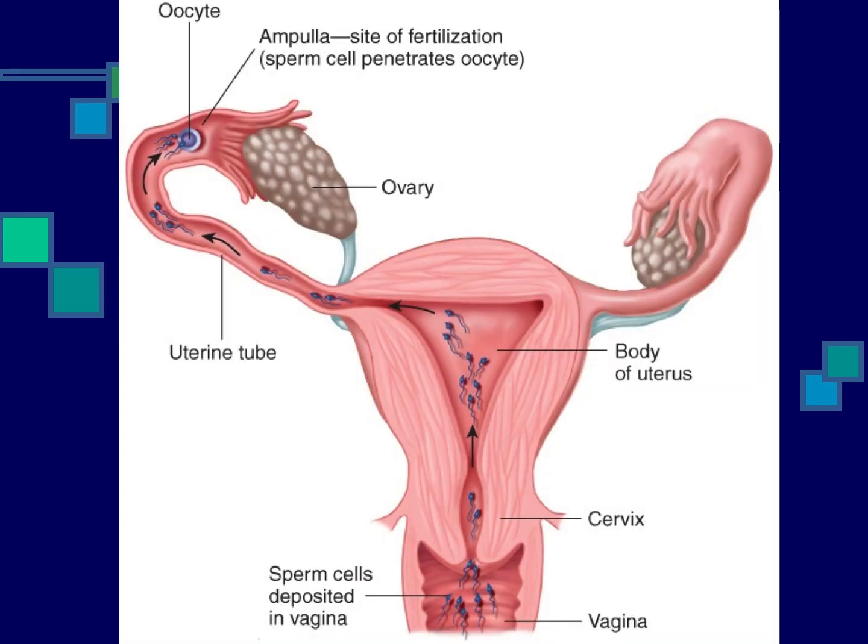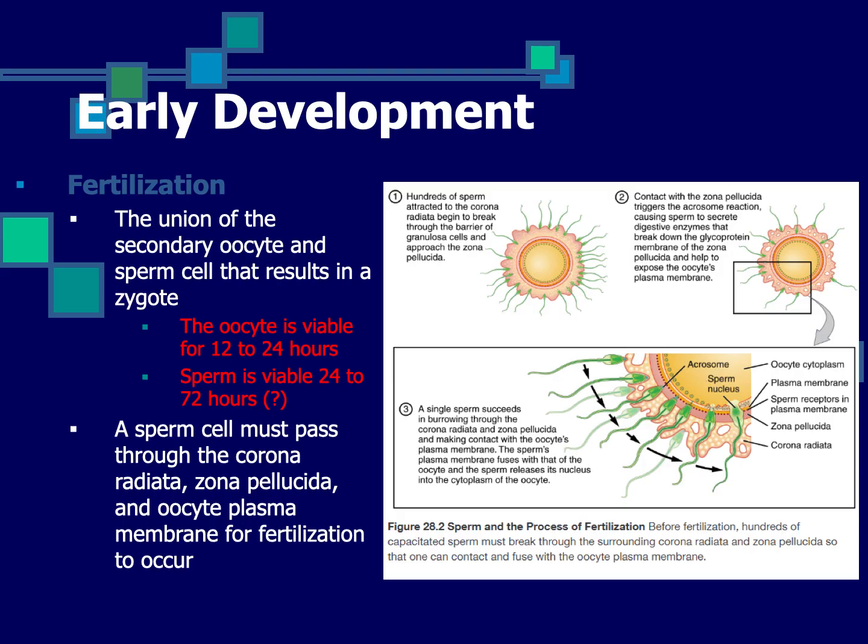Okay, but if there's intercourse and sperm are deposited in the vagina, those sperm will swim up through the cervix into the uterus and into the uterine tubes. And they can then meet the oocyte, which should be drawn in here by cilia that are creating a little current that draws them in. Okay, this is the site of fertilization.